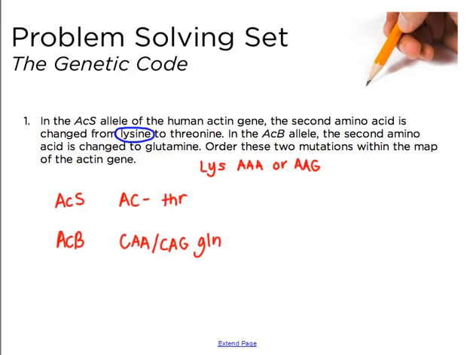Okay. So now it wants us to order these mutations within the map. So let's look at what changed in the mutation to make it from the wild-type lysine to whatever amino acid it changed to. So in the ACS mutation, threonine is coded by AC dash, right? Any third base, which means that this second nucleotide here is what changed, right?